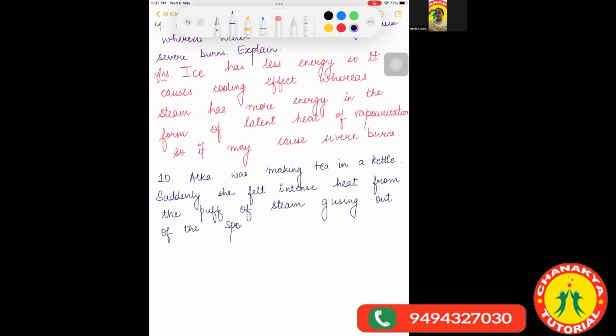Means from the mouth of the kettle, with the steam which was coming out, she felt intense heat from that.